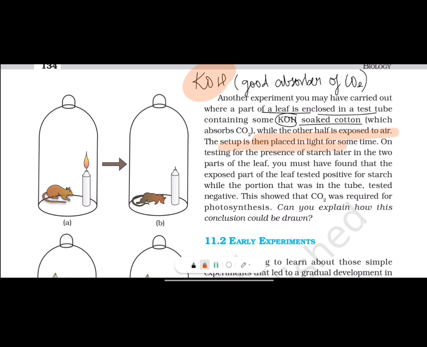The setup is then placed in light for some time and later tested for the presence of starch in the two parts of the leaf. You must have found that the exposed part of the leaf tested positive for starch, while the portion that was in the test tube tested negative. This showed that CO2 was required for photosynthesis.